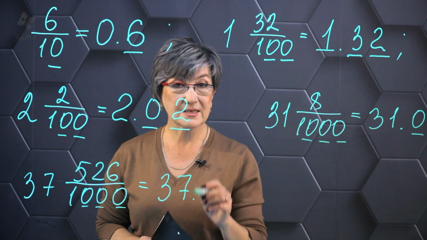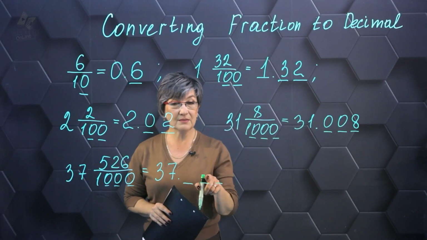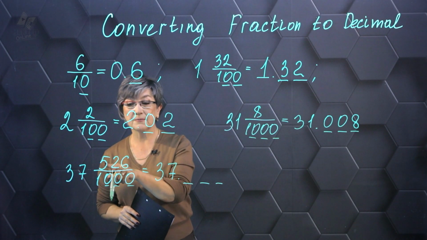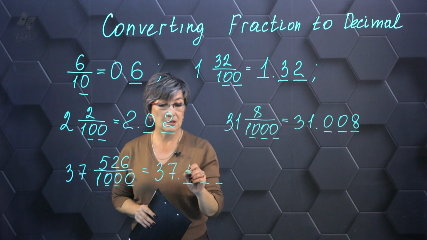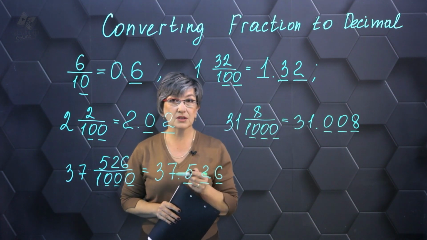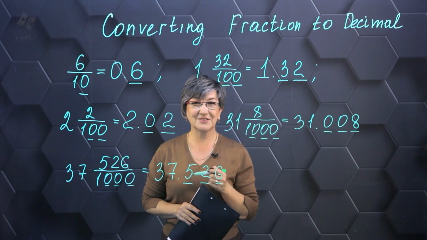Therefore, I must write 3 digits after our dot. Pay attention to the numerator. I have 3 digits in the numerator, 526. Therefore, 526. The result is the decimal notation of this number. It is 37 whole 526 thousandths.